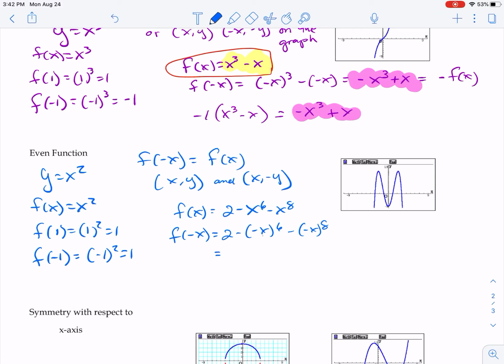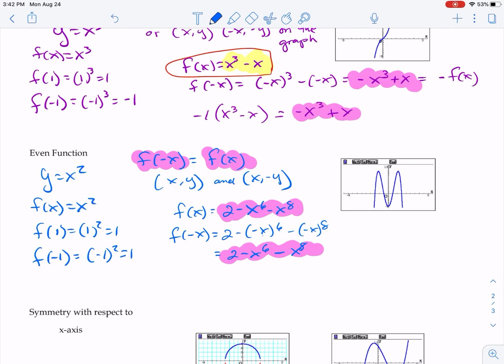Negative x to the 6th is positive x to the 6th. Oh, not x squared, it should be, sorry, to the 6th. All right? And again, this matches that. So plugging f of x, negative x in, it equaled what you started with.